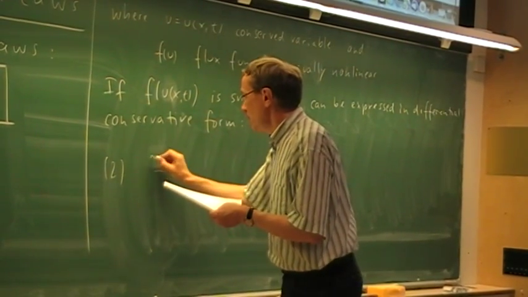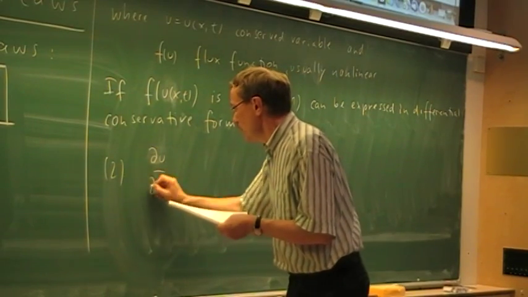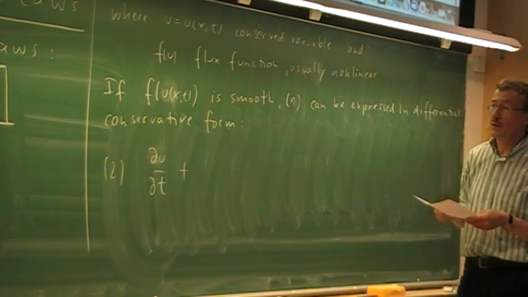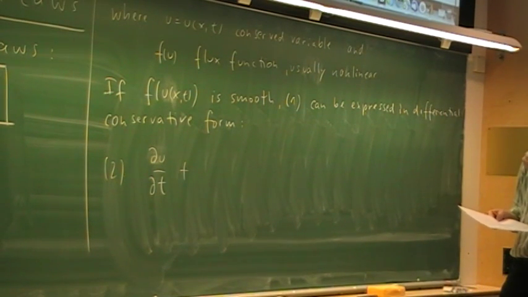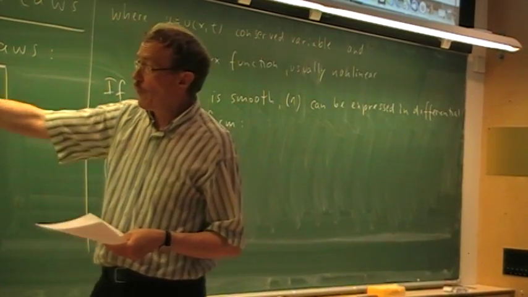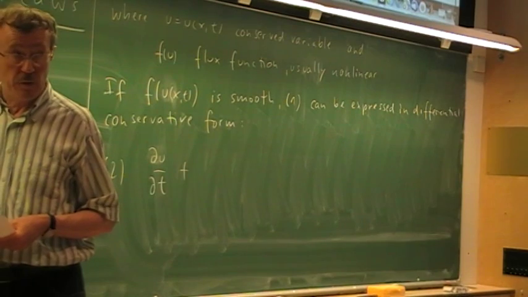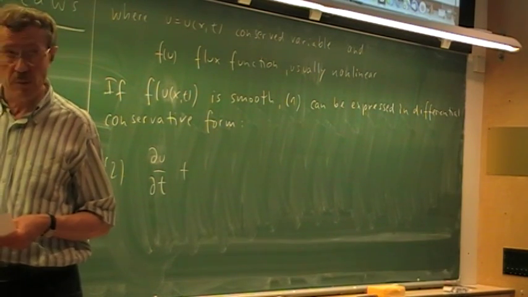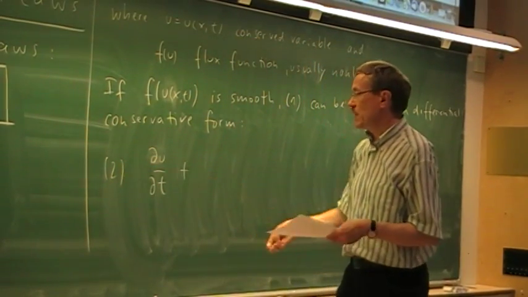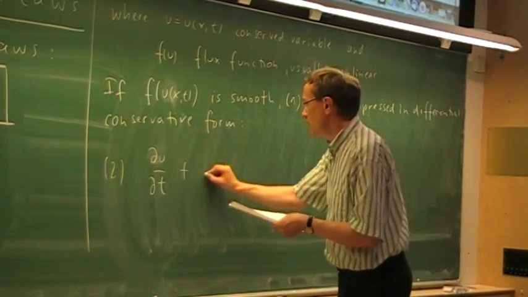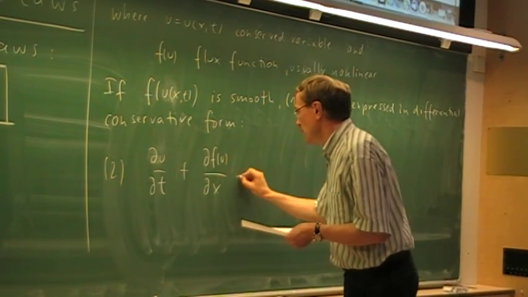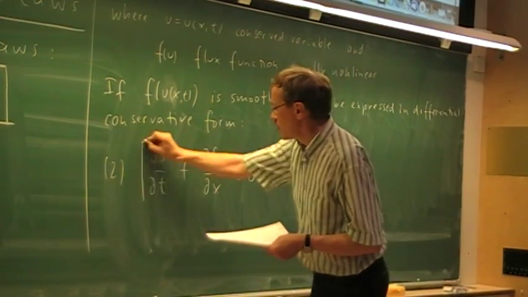We have the time derivative of u with respect to t plus, and what we use here is the fundamental theorem of calculus, that we can express this also as the integral of the space derivative of f of u over the same interval. This must be true for any interval, so the time derivative plus the space derivative of f of u must be 0. So that leads to this differential conservative form.